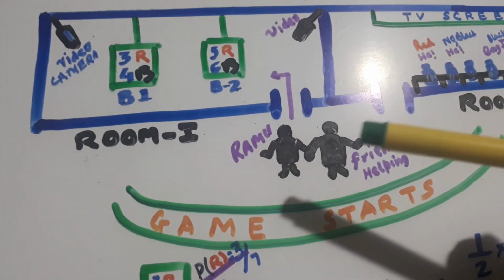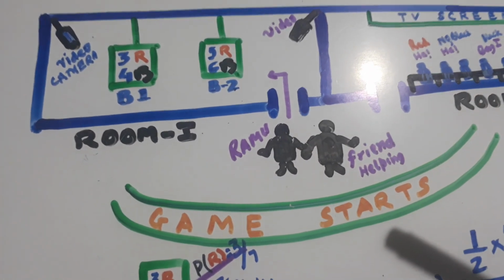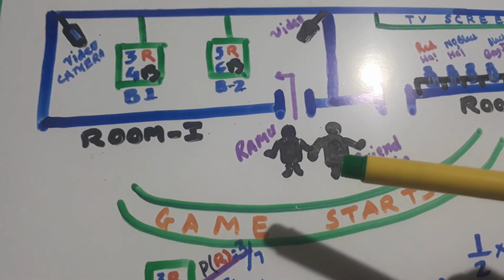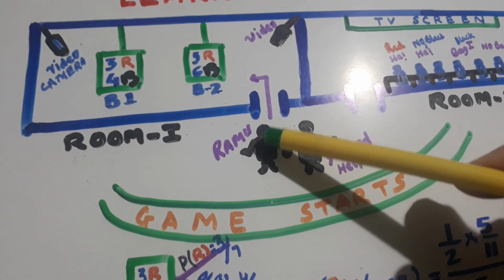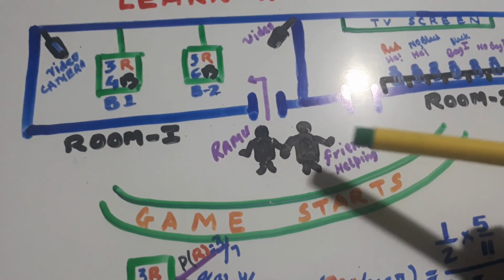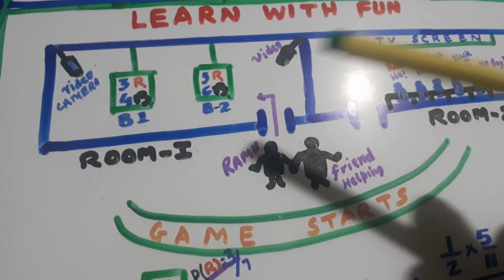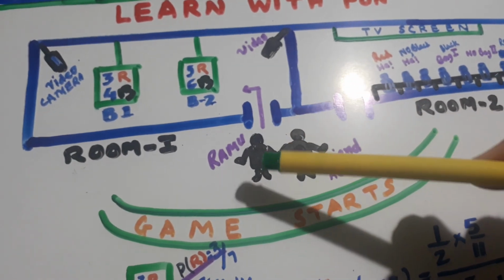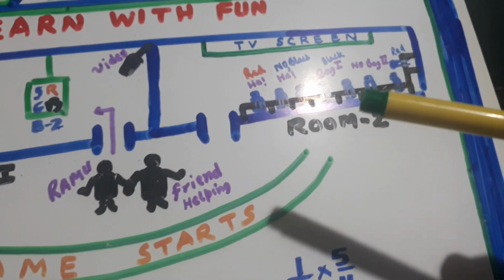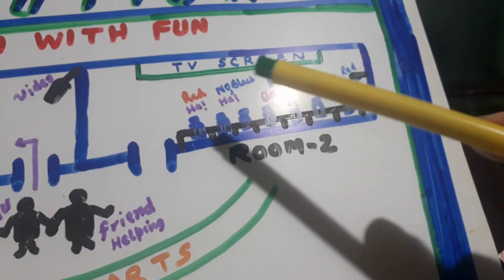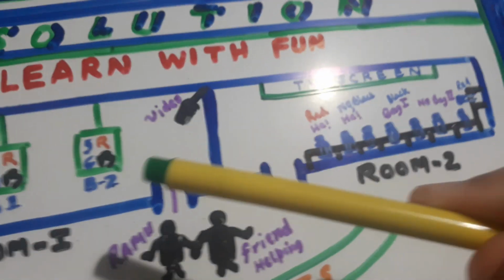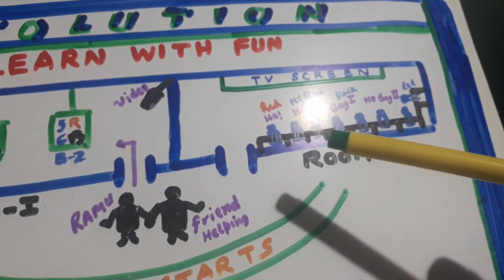His eyes are closed by putting a strip on his eyes, and he is walking as a blind person to help him go inside this. And in the adjoining room, you find there are many students here. There's a TV screen here. Whatever is happening in this room is being observed by the students.